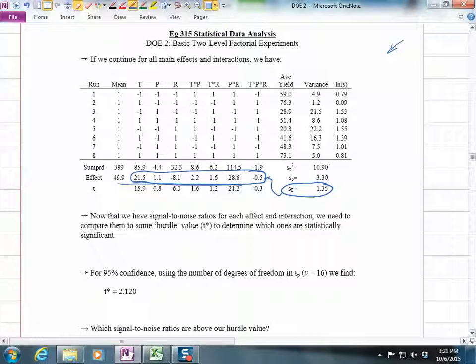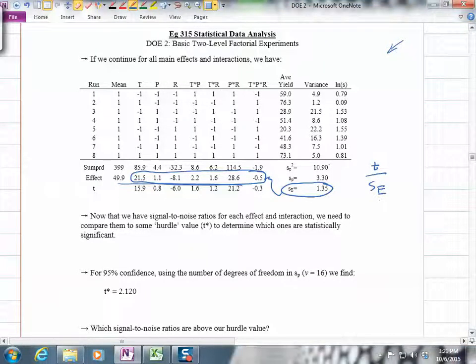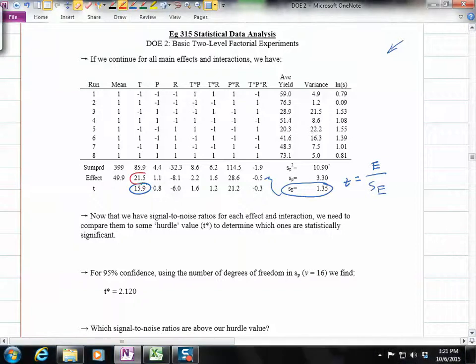To do that hypothesis test, we wanted t equals E minus 0 over SE. So for this t-value, you take E, which is 21.5, divided by SE, which is 1.35, and you get 15.9.